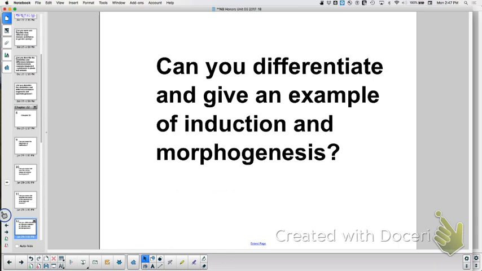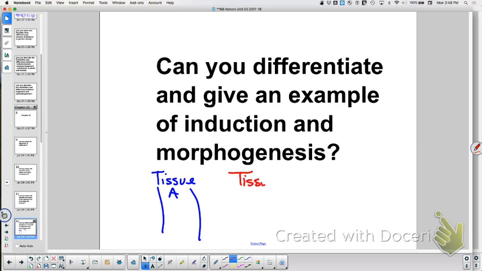All right, next, can you differentiate and give an example of induction and morphogenesis? Yes. Okay, induction, here is tissue A. Here is tissue B. When tissue A influences tissue B, that is called induction.